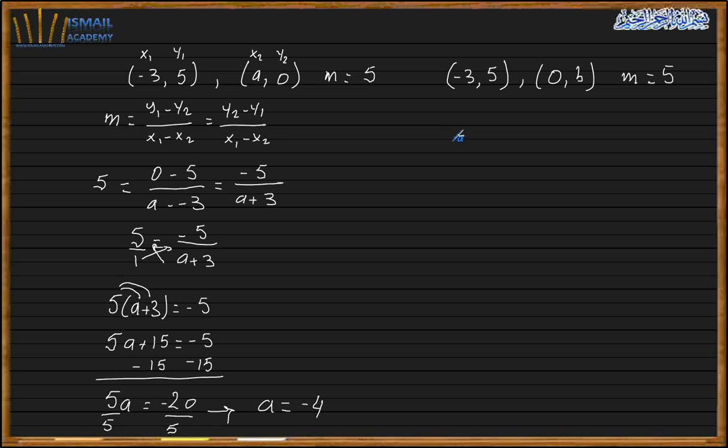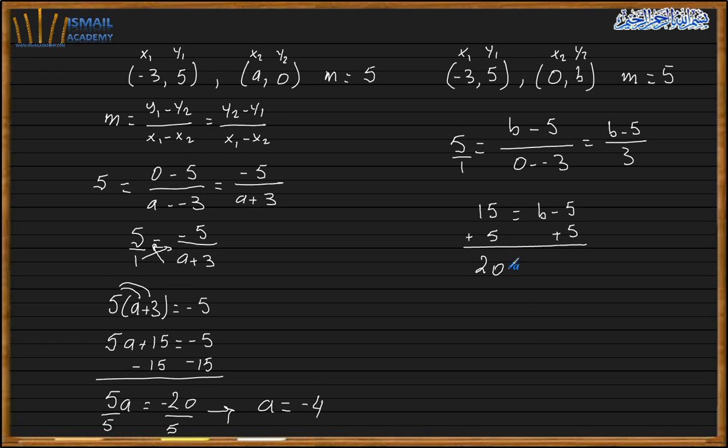I do the same thing here. So I have 5 equal, this is x1, y1, this is x2, y2. So b minus 5 over 0 minus minus 3, so this is b minus 5 over 3. So I cross multiply. So I know this is over 1. So this is 20 and this is b.